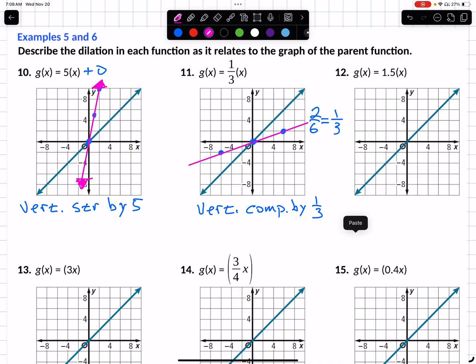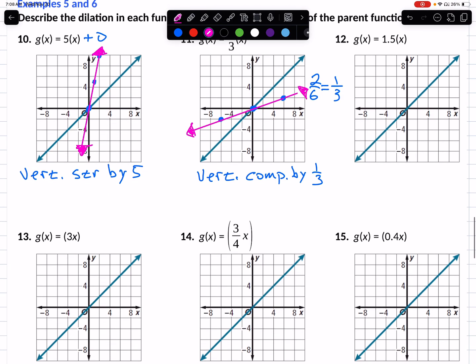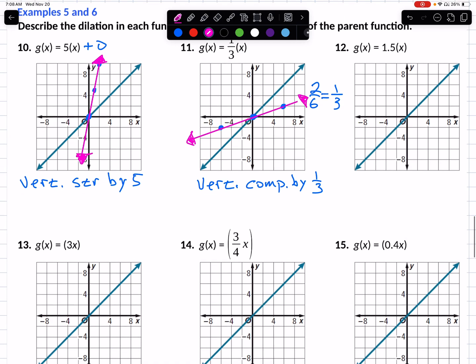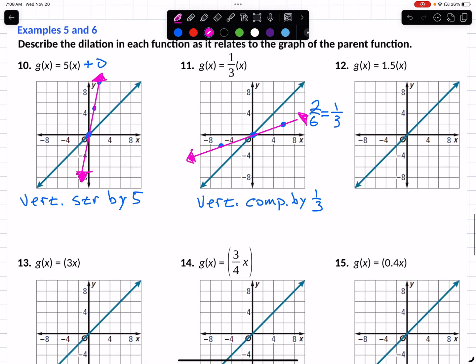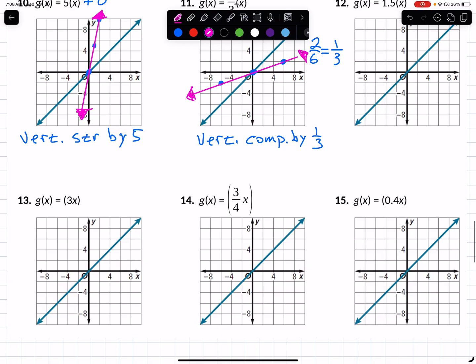Okay, don't forget the arrows on the end. Again, domain and range are all real numbers. So next, the top 10, 11, and 12 are all either vertical stretches or compressions.